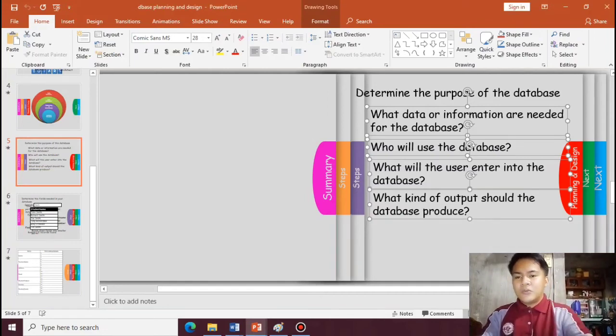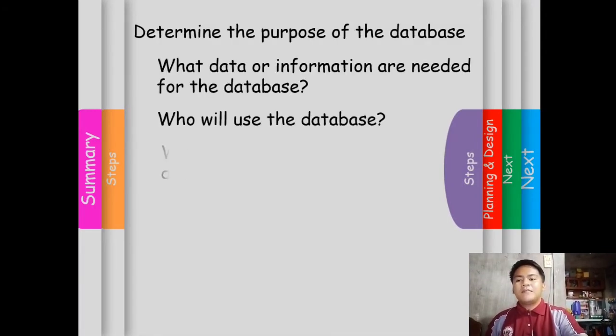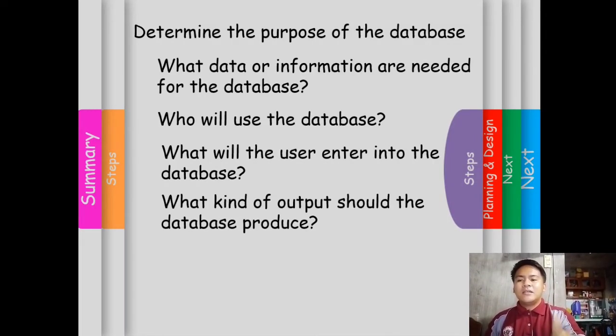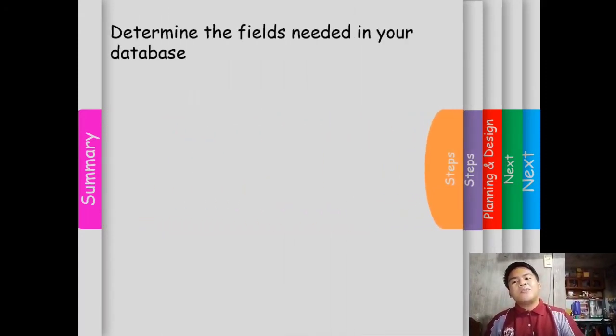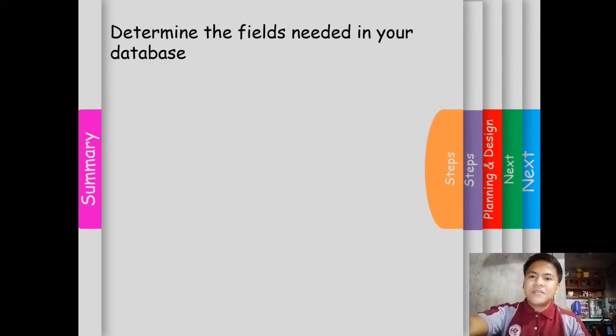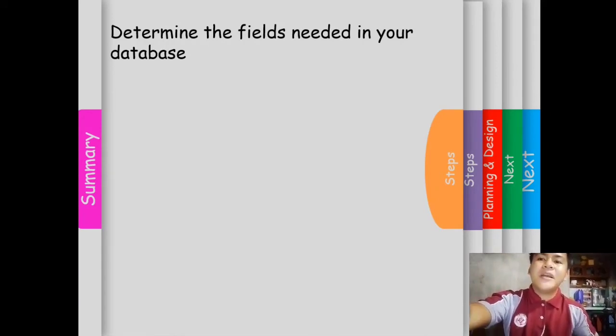Then, let's continue. After determining the purpose of our database or after constructing our objective, what will be the next step? So, dyan na po papasok ang ating field names. So, we are now going to determine the different field names that are needed for our database.